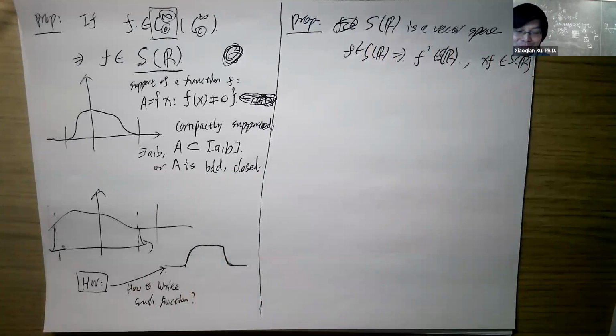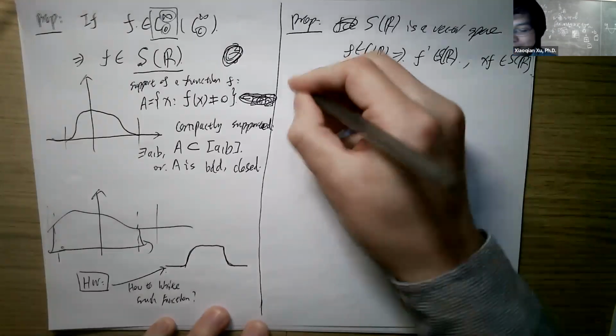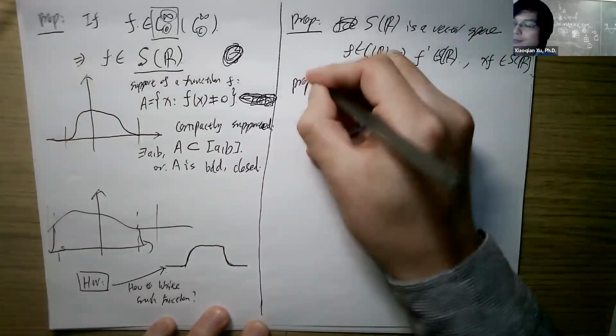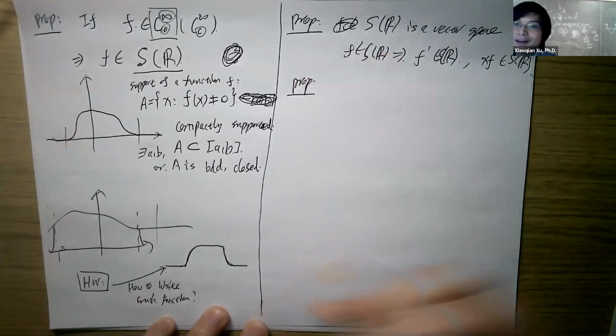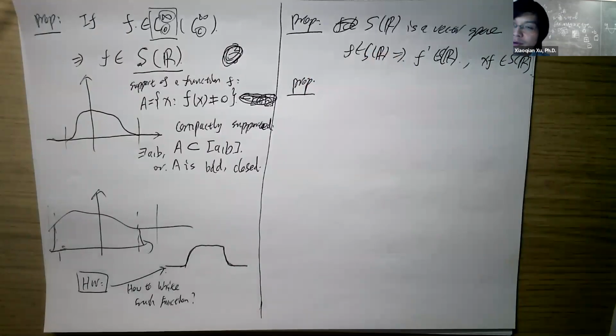Now, let's see what we can do with the Fourier transform, on S(R) instead of the moderate decrease functions. For functions in S(R), of course we can define the Fourier transform because S(R) is a subspace of M(R).